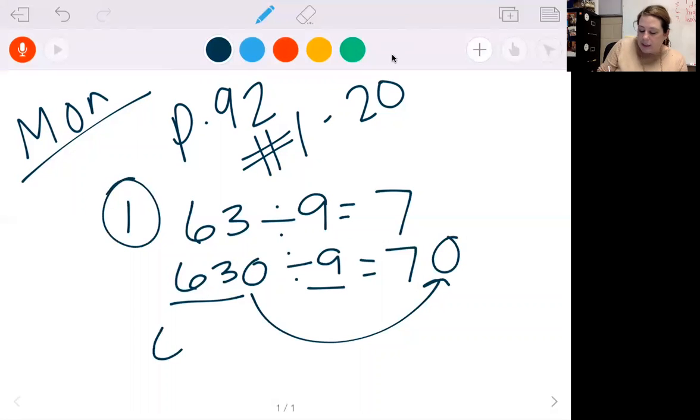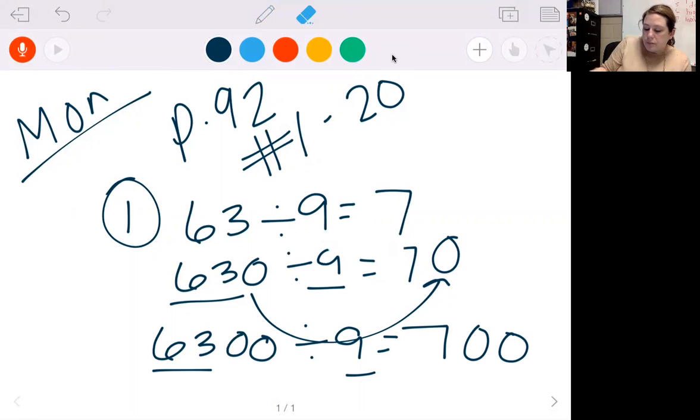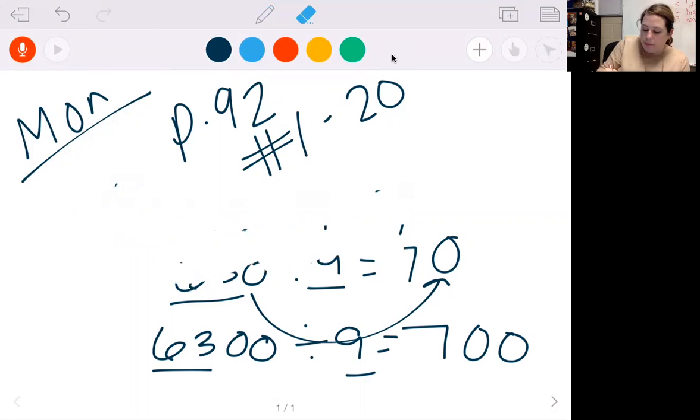So if I had 6,300 divided by 9, I would do 63 divided by 9 is 7, add those 2 zeros over. Okay, remember those are the pretty easy ones we did with the patterns. So that's going to be 1 through 8. Those are going to be how you do 1 through 8.